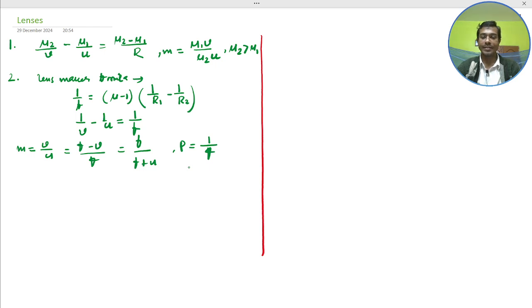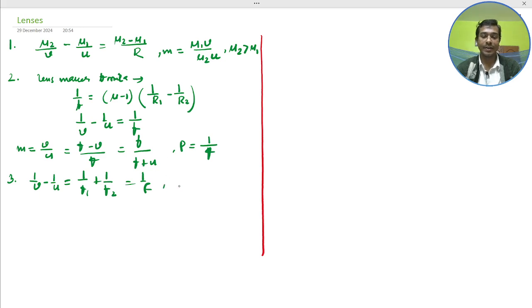And thin lenses in contact, next one. So this would become 1 by v minus 1 by u is equal to 1 by f1 plus 1 by f2, that would become 1 by f.